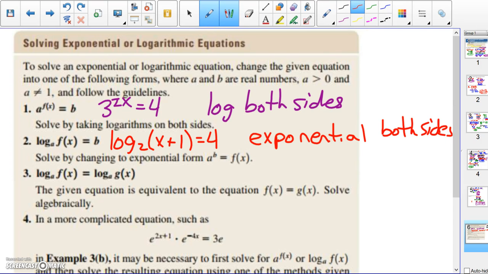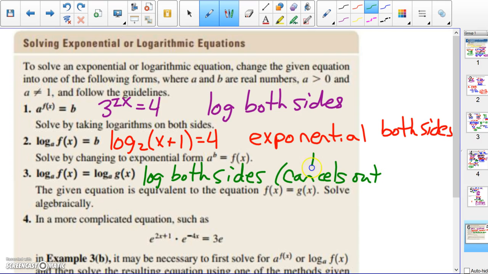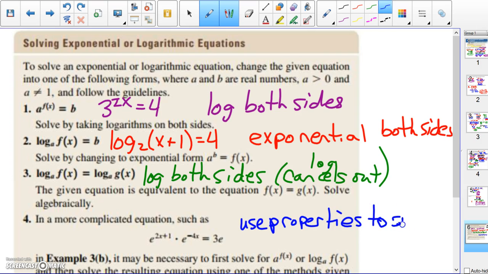If I've got log equals log there, basically I'm taking a log both sides, but it's going to cancel out. The log cancels out, that is. Number 4, something complicated like that, you might have to end up using the properties. Use your properties to simplify.